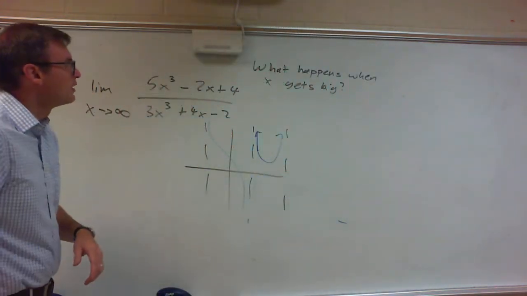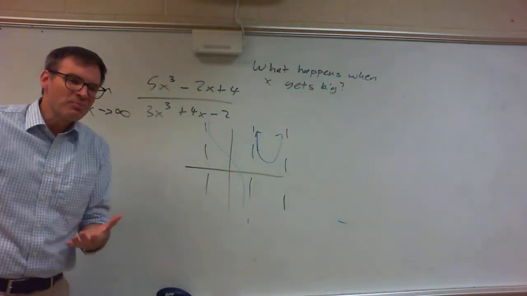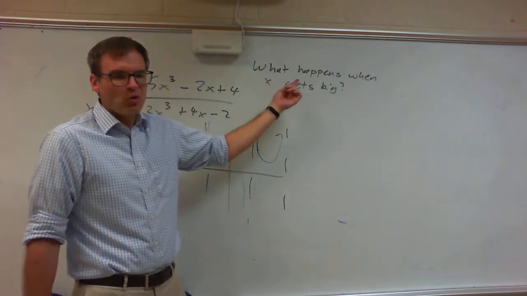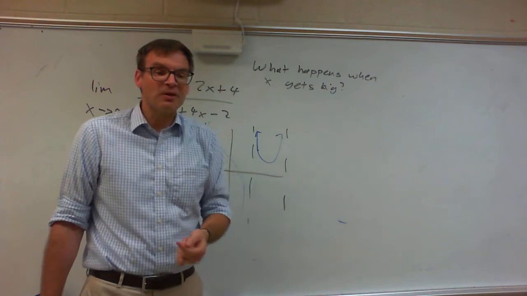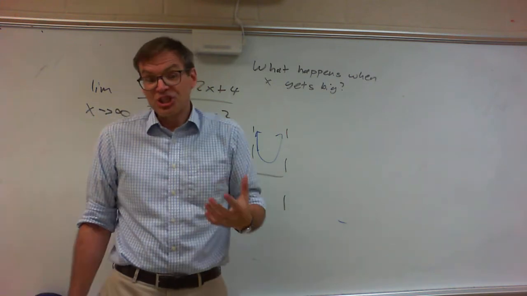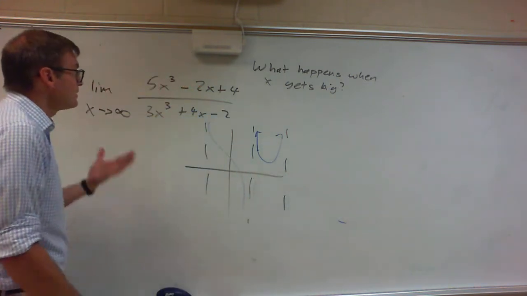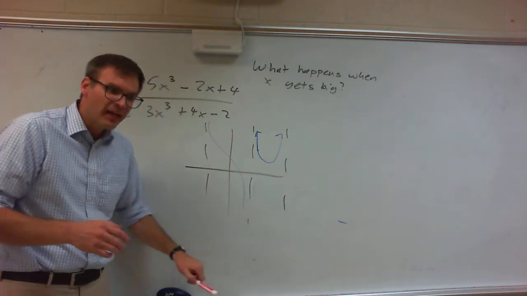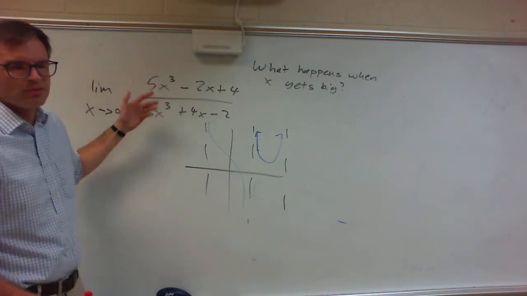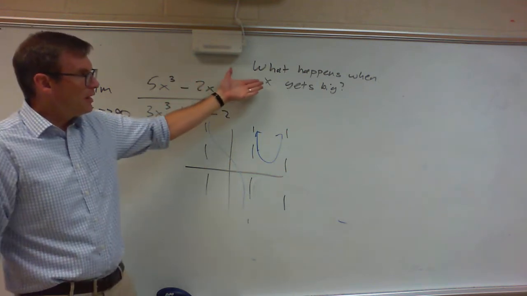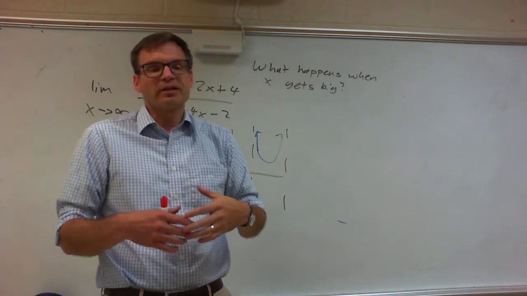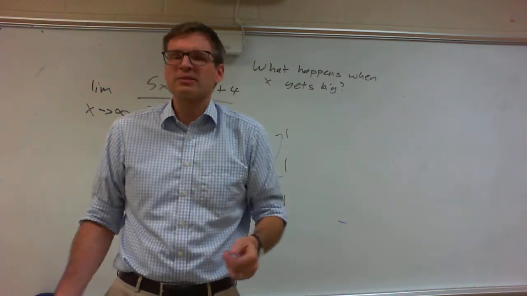That actually makes your life a lot easier because when you answer the question, what happens when x gets big, a lot of this function doesn't matter. Let's look at this rational function, and we're going to deal with the top and the bottom separately. Another way of saying what happens when x gets big is what's important when x gets big.